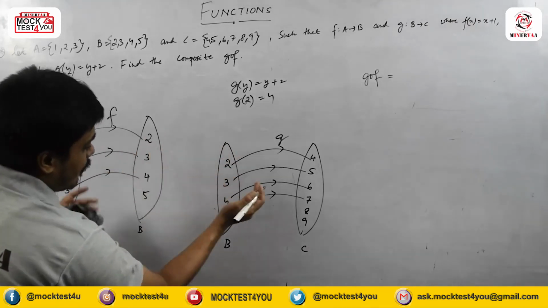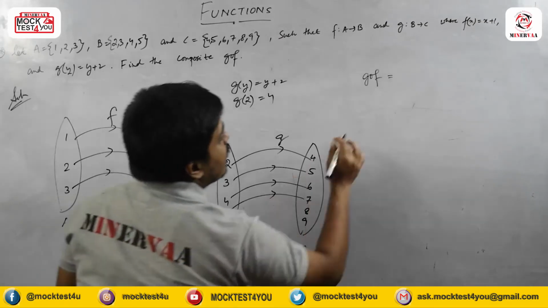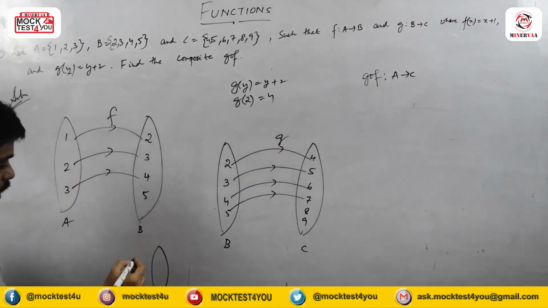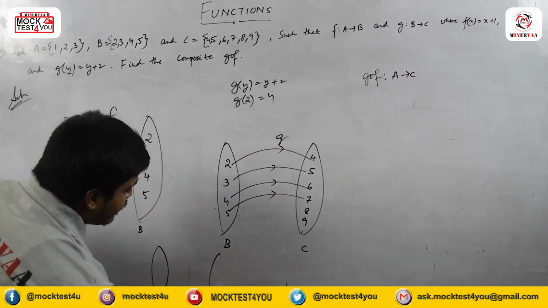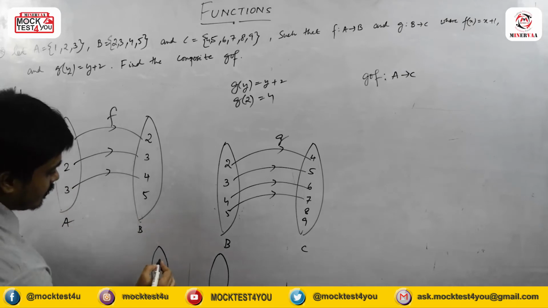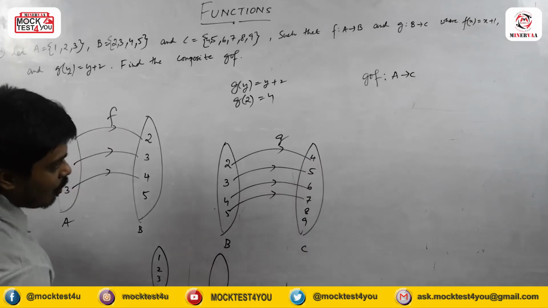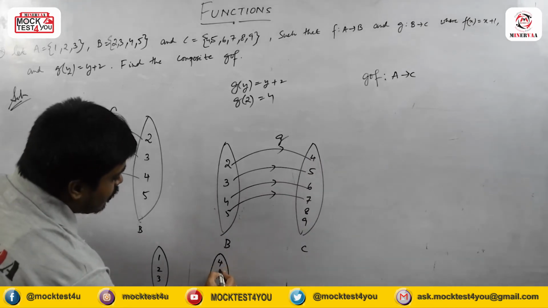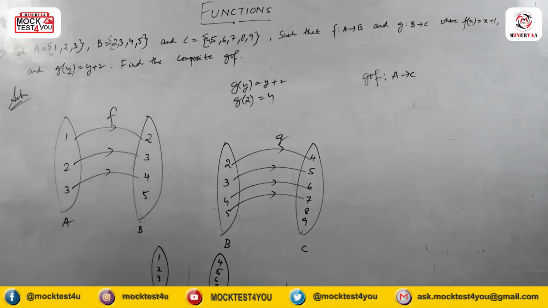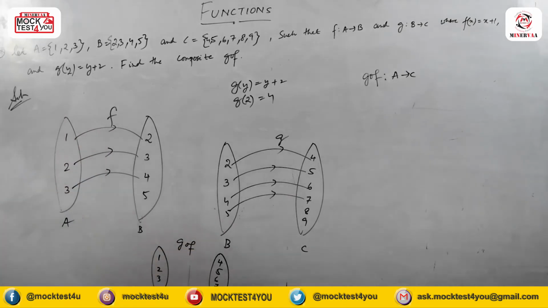The combined form will be written as g of f, colon, A to C. So it will be A here, and here it will be C. A has 1, 2, 3, and C has 4, 5, 6, 7, 8, 9. Now if I have to do the mapping g of f, first we need to find the elements.